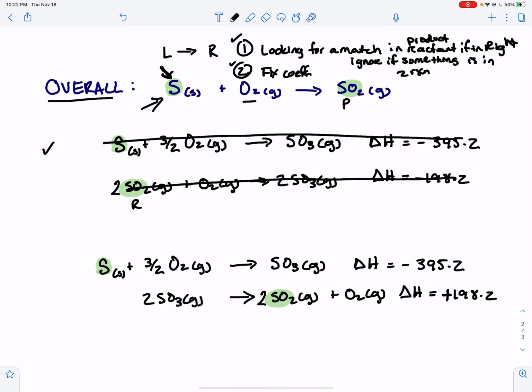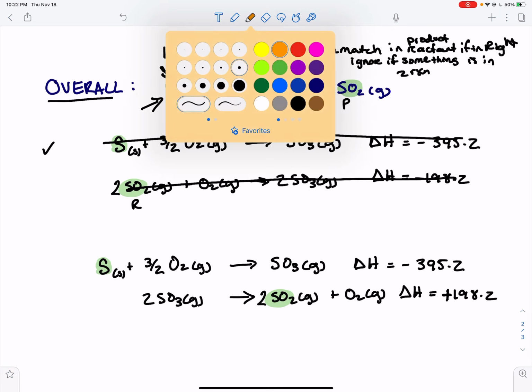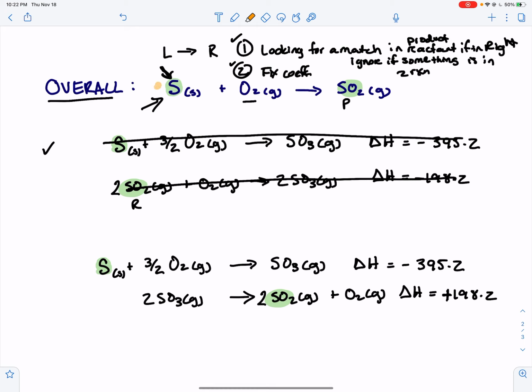Now our next one is to fix the coefficients. So now we're actually looking at the front numbers. So in front, is it the same? And you say, yeah, it's the same. Then we'll look at the oxygen, but you can't look at the oxygen because it appears in several equations. It'll fix itself. Then let's look in front of the SO2 here. Oh, look, this is a 2. So let's change it. You're allowed to either multiply or divide.